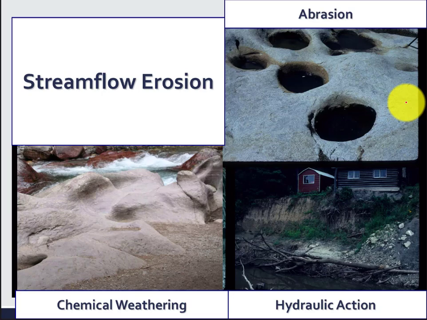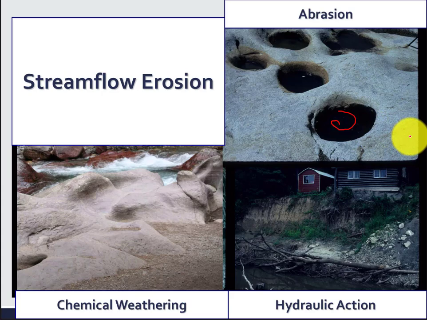There are rocks in these potholes, and when water flows over this area, it swirls the water in the pothole around, moving around the rock, abrading the rock and abrading the stream bed. So these potholes will get larger and larger.